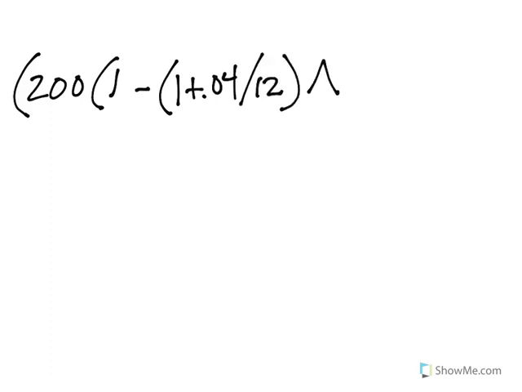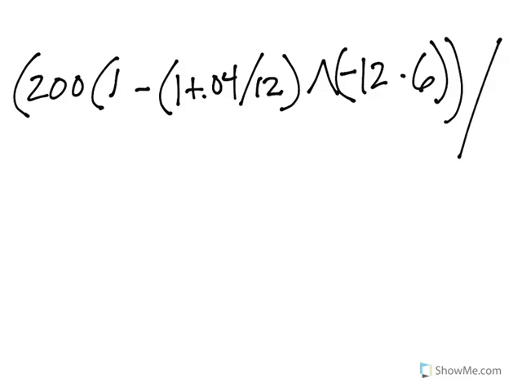So we raise it to the negative, parenthesis, negative 12 times 6, parenthesis. Or you can take negative 12 times 6 and just put negative 72, either way. But you need a parenthesis, and then you need to end the parenthesis again. So that's right there, the numerator. Then you can divide by parenthesis 0.04 divided by 12 end parenthesis.